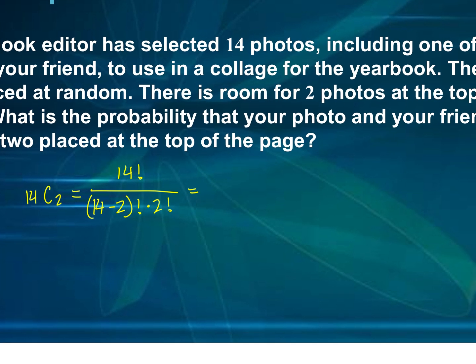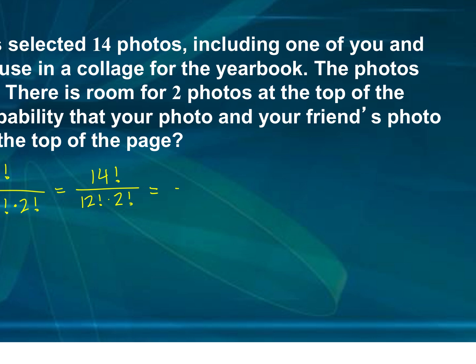So solving this one, I'm going to have 14 factorial over 12 factorial times 2 factorial. Writing it out, I'm going to have 14 times 13 times 12 factorial. I'm going to stop there because everything after this 12 is going to be canceled.